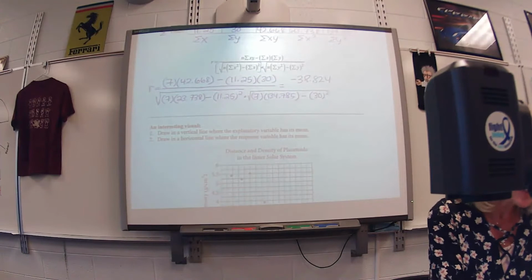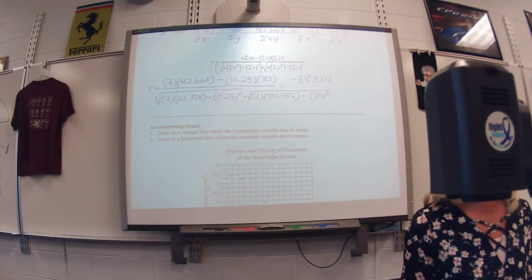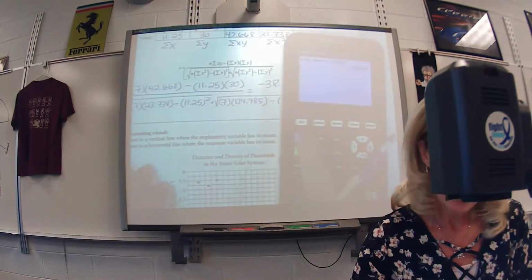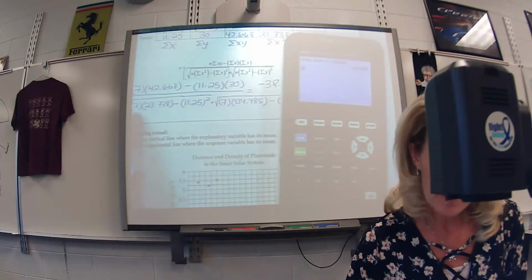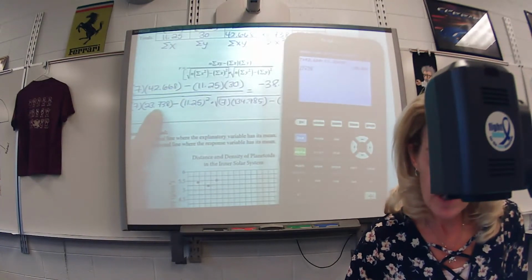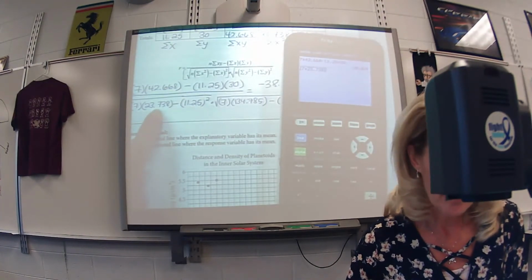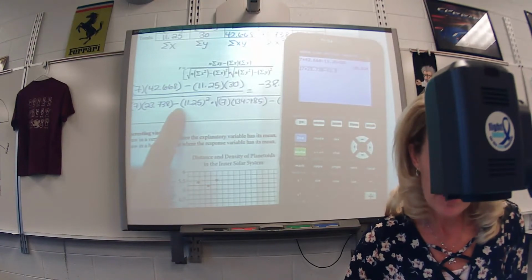And that we should be able to do in one big step, but just keep the square root separate. So I'm going to have the square root of 7 times 23.738 minus 11.25 squared.